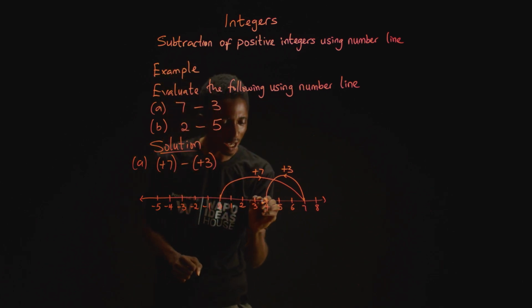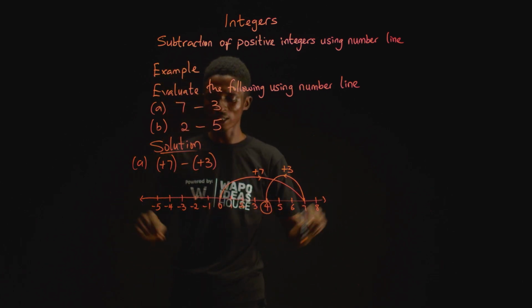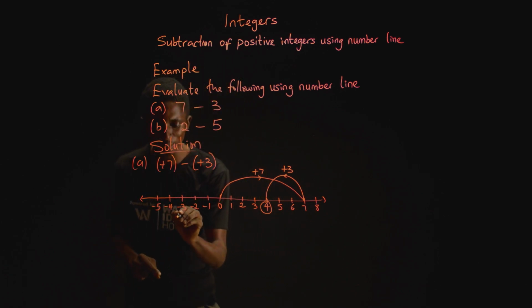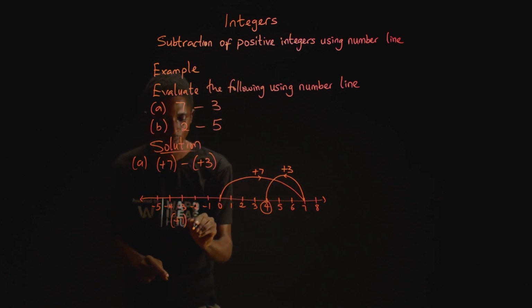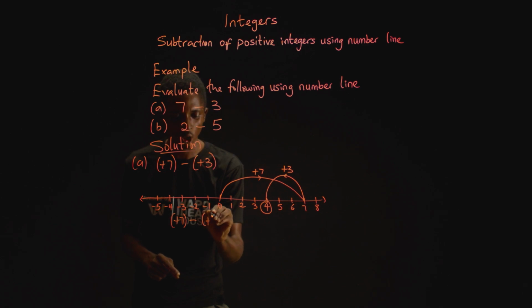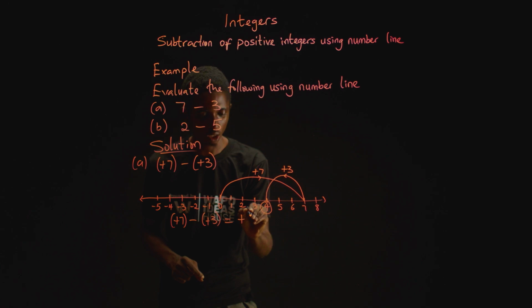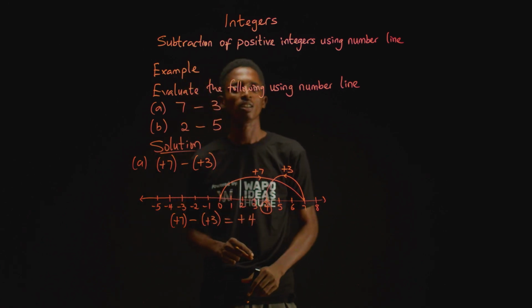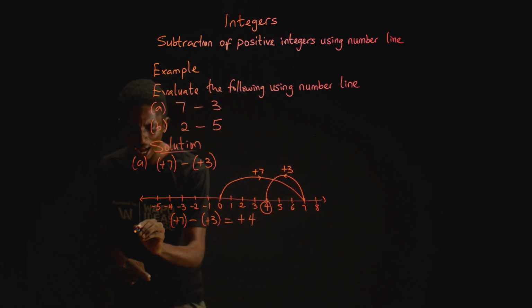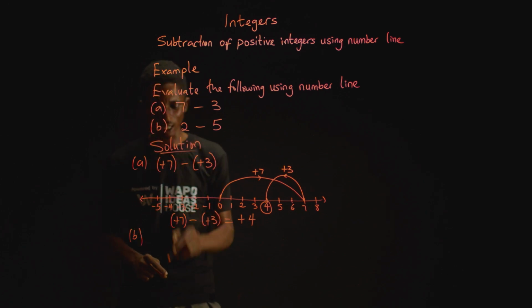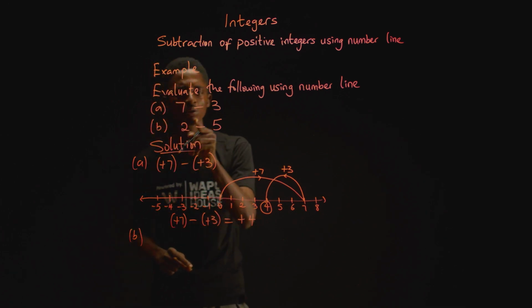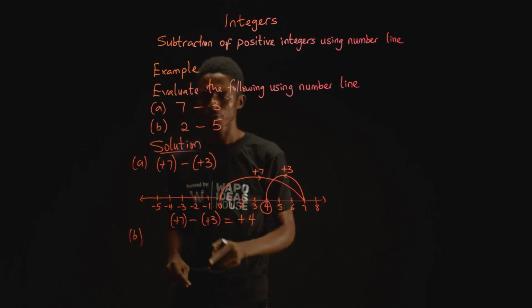And then wherever you stop shows the answer for that expression. Definitely that means plus 7 minus plus 3 will give you plus 4.